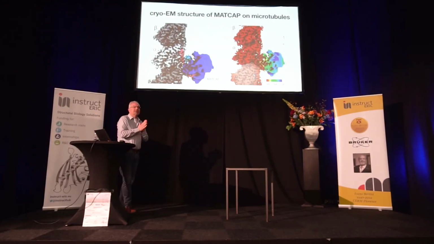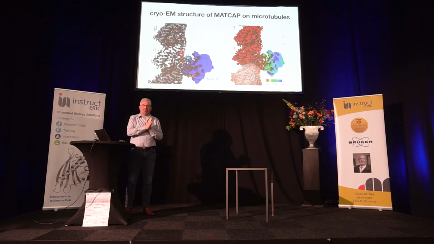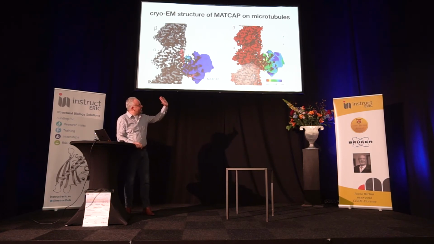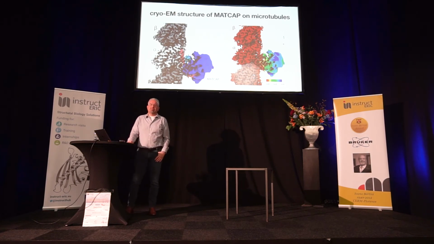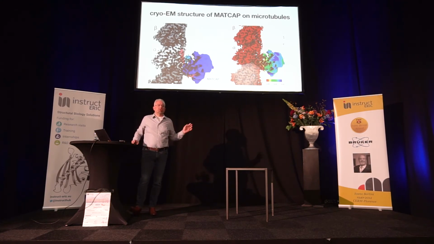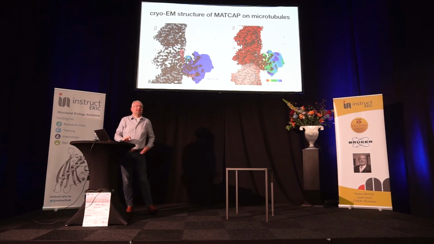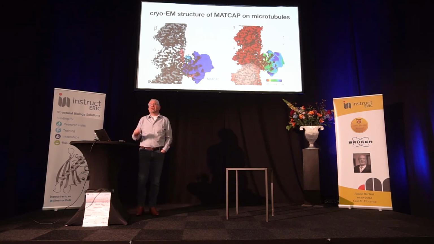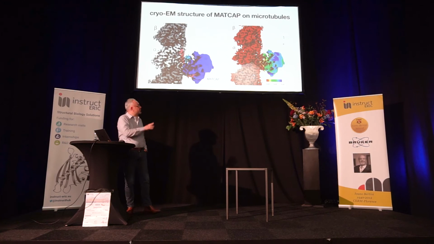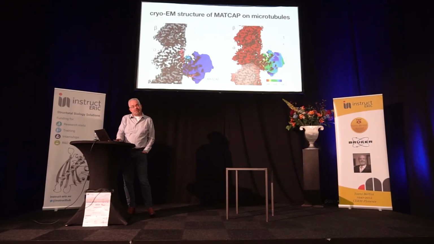And then you see the interface is quite well defined, which was good for us. And the other side of MATCAP is at much worse resolution. Very likely there is some movement and so on. We did not do the sophisticated refinement yet, because we were focusing on analyzing that interface. But I guess we will.